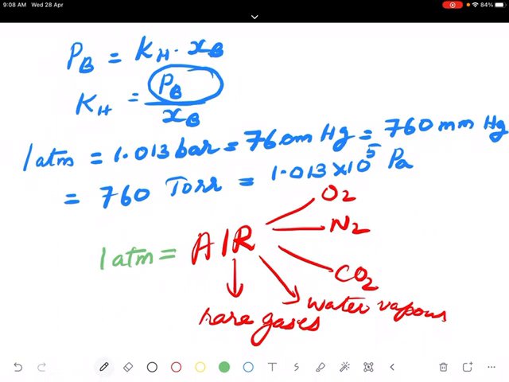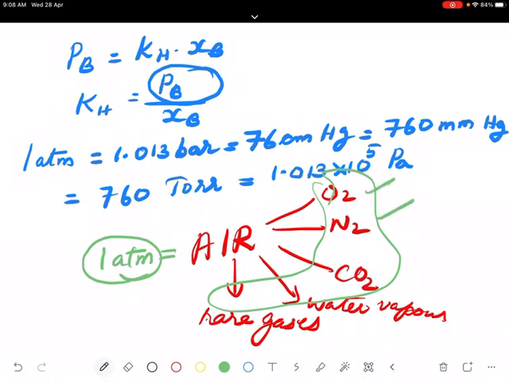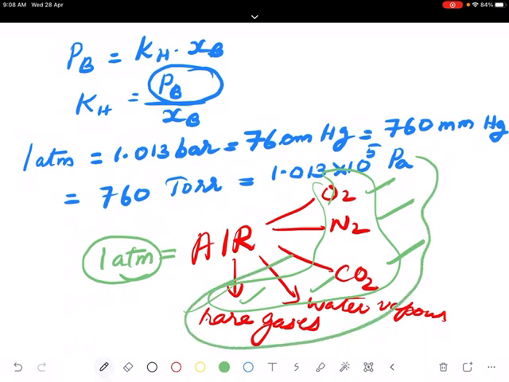On the top of a mountain, these gases are less, so the pressure is also less. If you add all the mole fractions of these gases, you will get this 1 atm.